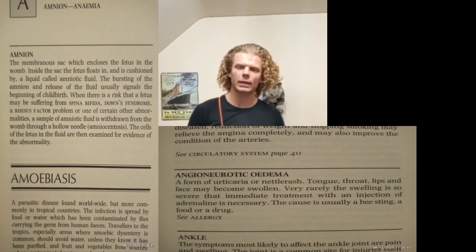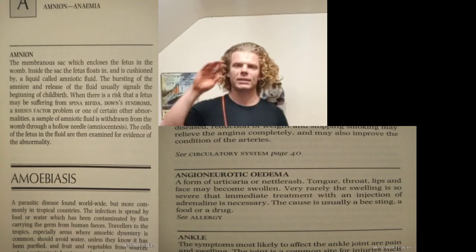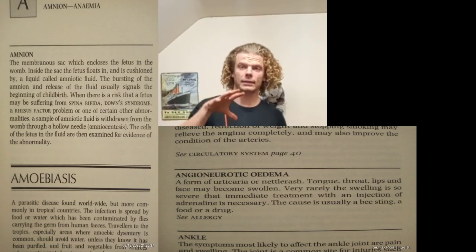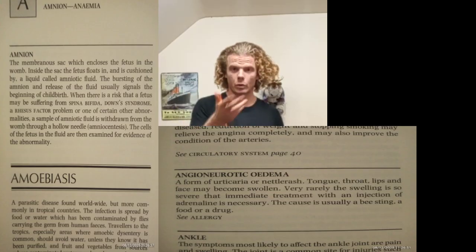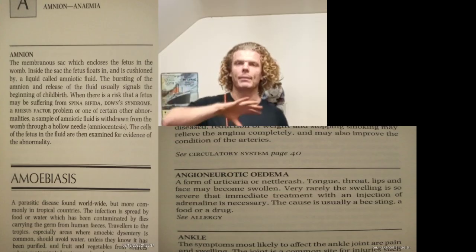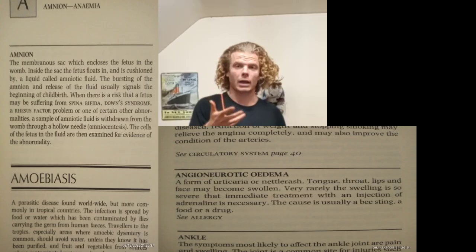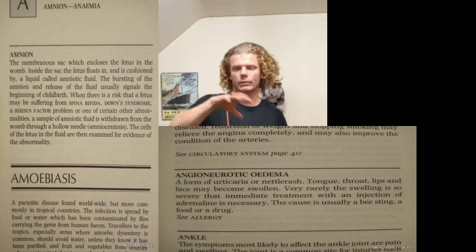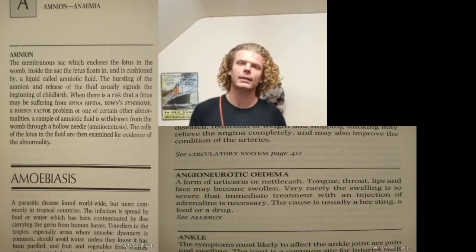The amnion is the membranous sac in which the fetus is when inside of the amniotic fluid. So inside of the womb during pregnancy, there's the amnion, the membranous sac, then the amniotic fluid to cushion the child, and the fetus is inside of the amniotic fluid, inside the amnion, the membranous sac.